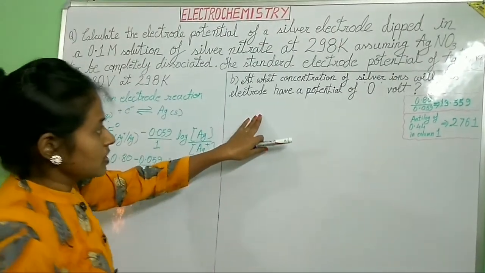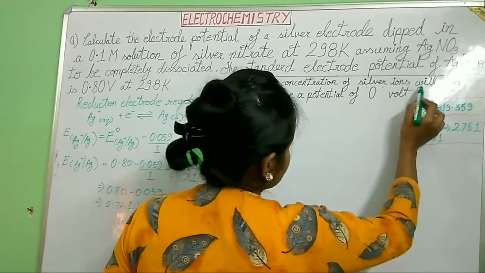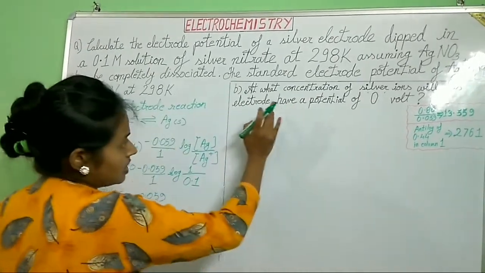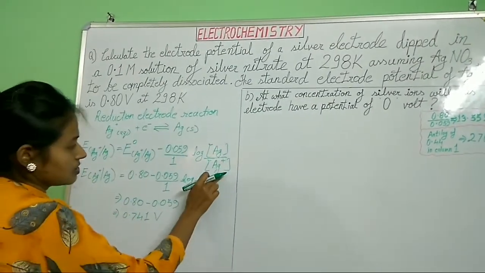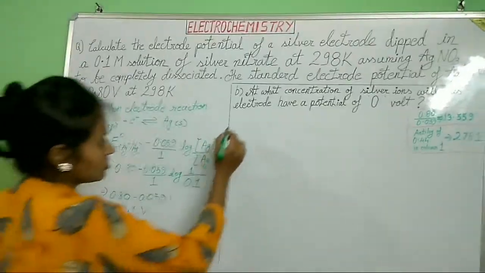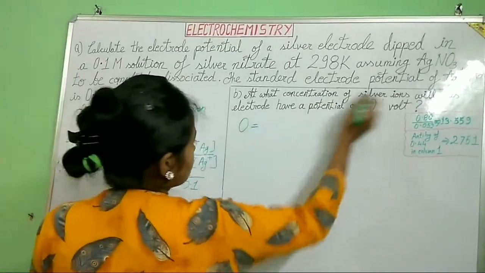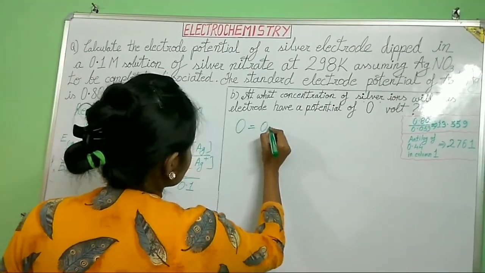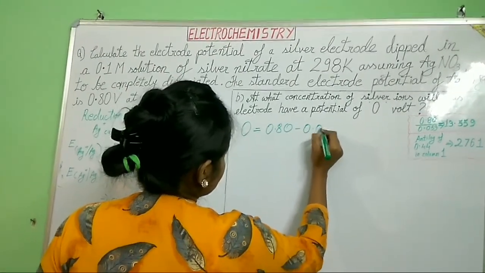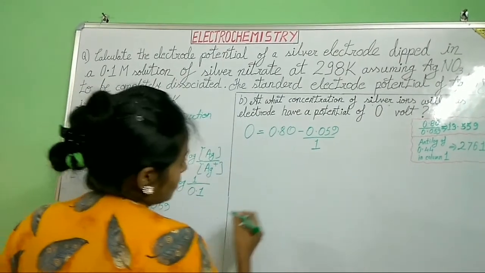Now, let's come to the next part. It says, at what concentration of silver ions will this electrode have a potential of 0 volt? It is asking what will be the Ag plus concentration so that this E cell will be 0. So, 0 equals, what is our E naught cell given in the question? 0.80. 0.80 minus 0.059 by 1, right?